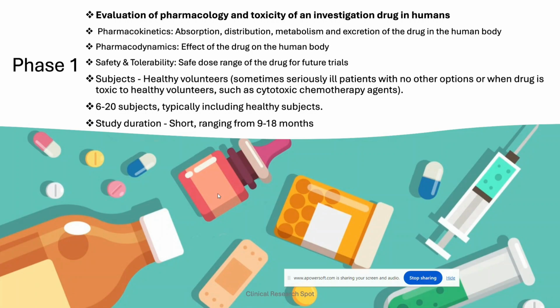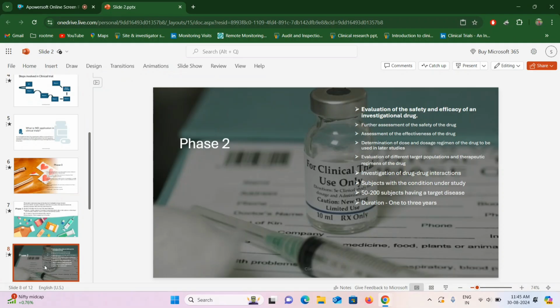Once the phase 1 trials are completed, and if successful, the researchers will move to the next phase. What is that? That is the phase 2 trial. Now let's see what a phase 2 clinical trial is.